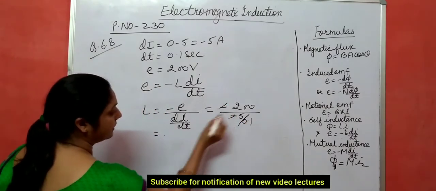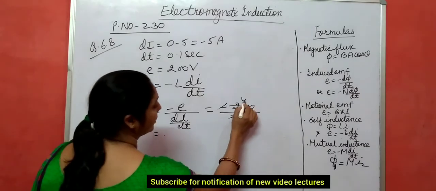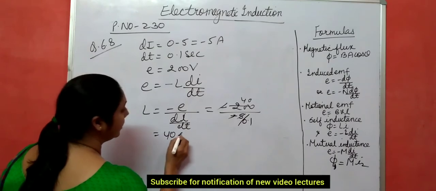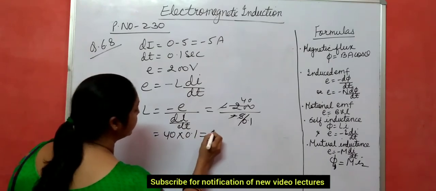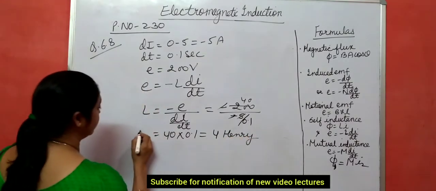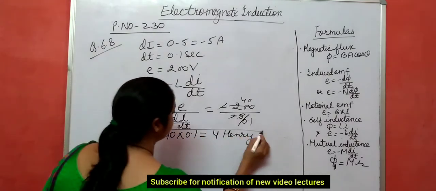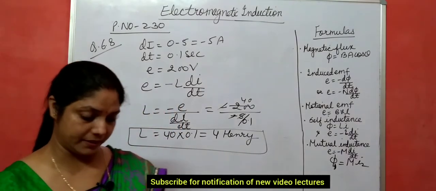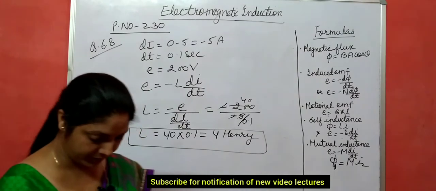Minus cancelled. 5 4s are 20. Okay, 40 into 0.1, it means 4 Henry, right? So this is the value for self-inductance of the coil, right?